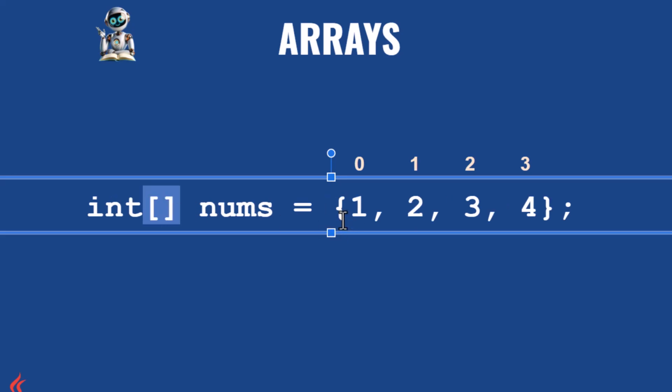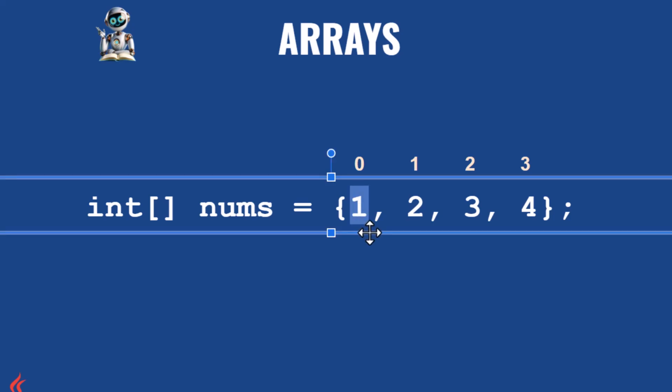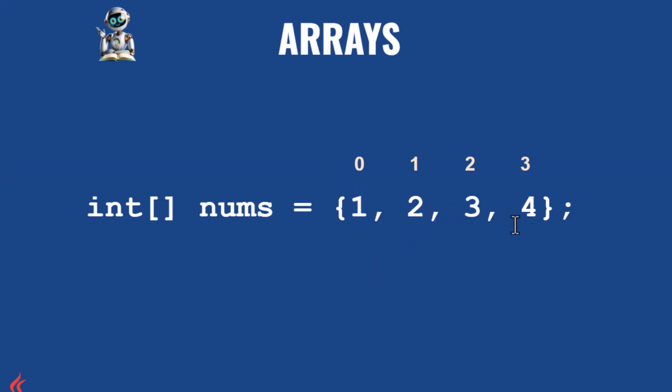The name of the array is called nums. I'm going to use the assignment operator, and inside of here, I have my items. These would be the apples that we had in the previous slide, except we have numbers. So it's just filled up with numbers 1, 2, 3, and 4.